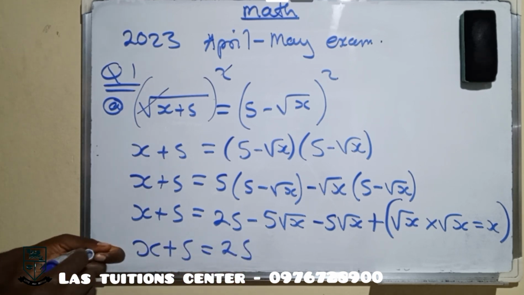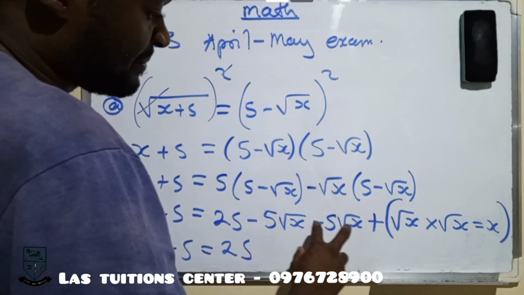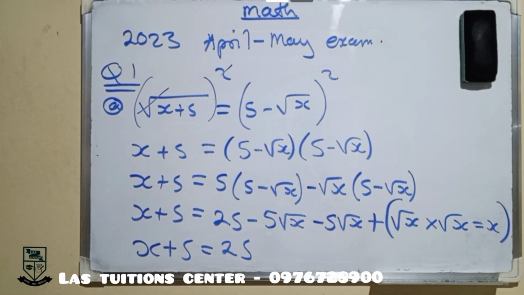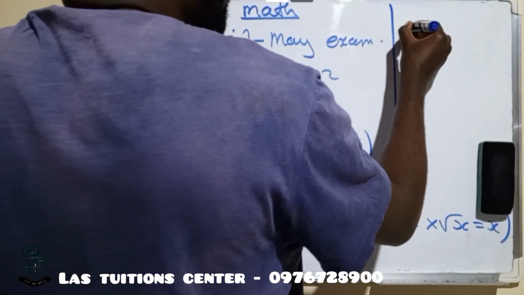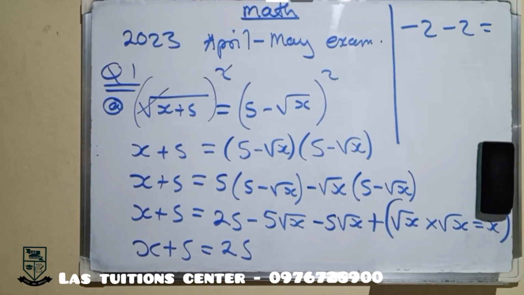Now, we have negative 5 root x minus 5 root x. What does this give us? It's like we have negative 2 minus 2. What do we get? Negative 4.